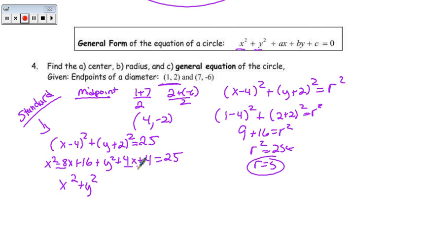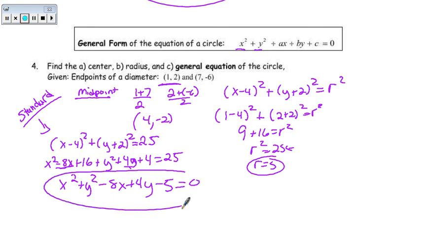It's just the one x term, minus 8x. We're going to list out the one y term that we have, plus 4y, and then combining all of the constants and setting it equal to 0 will get us the general form of that equation.